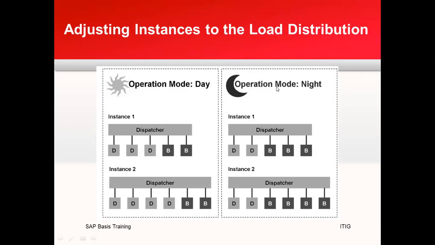Then there is another operation mode that is created, called the night mode, where instance 1 has 2 dialog work processes and 3 background work processes. The same goes for instance 2: you have 2 dialog work processes and 4 background work processes.